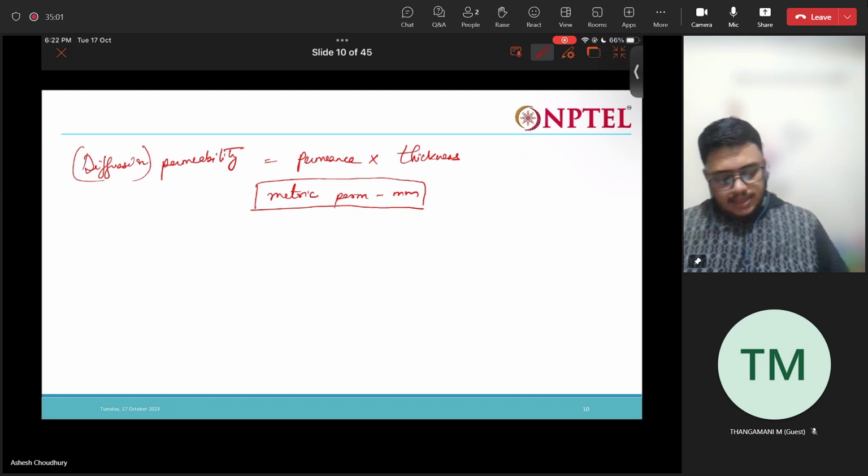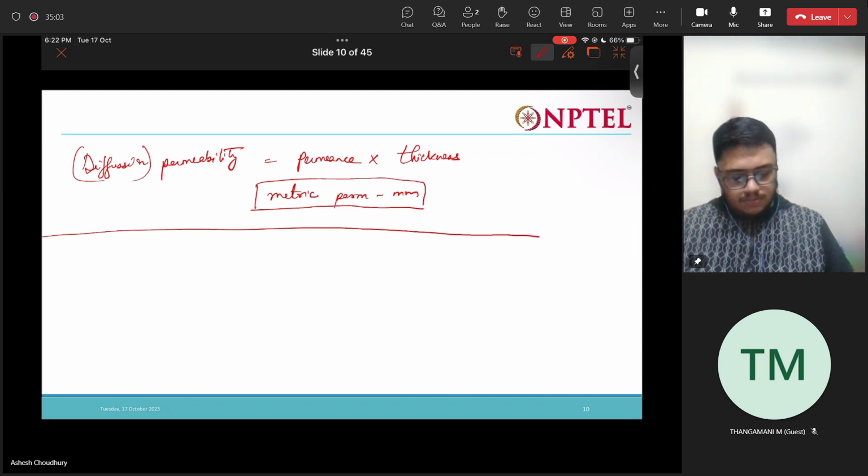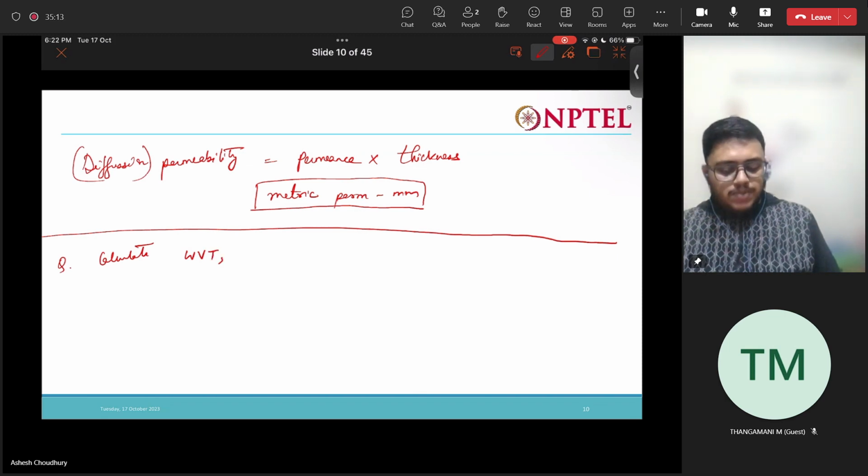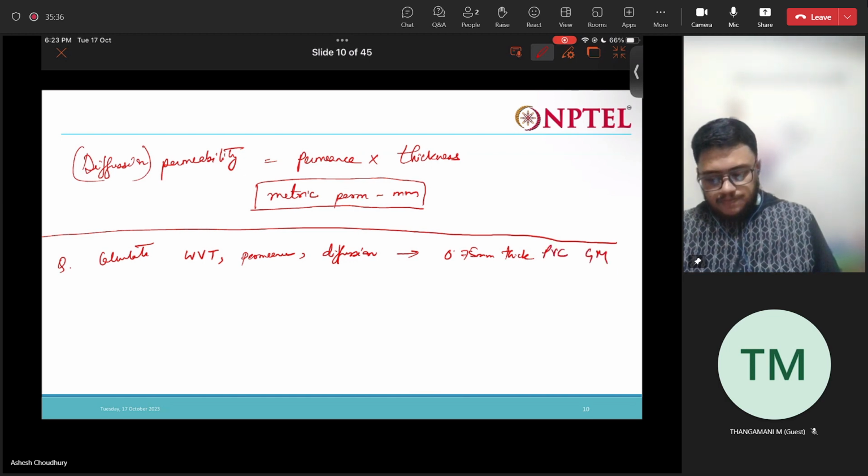Now let us see an example. Write the question here. Calculate, we'll write in short. We remember this permeability is not normal Darcian permeability, so we will discuss it. Let's do this one first: permeance and diffusion for a 0.75 mm thick PVC geomembrane.